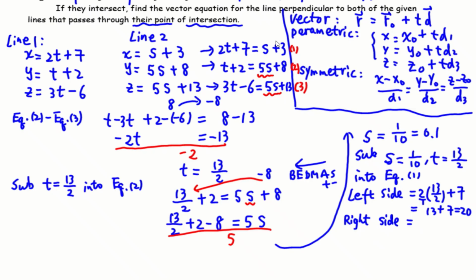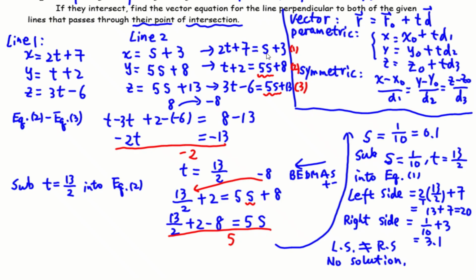So sub this one into the right side, 1 over 10 plus 3. Obviously, we are going to have 3.1, so the left side is not equal to the right side. No solutions. So no s and t values will make these three equations true.